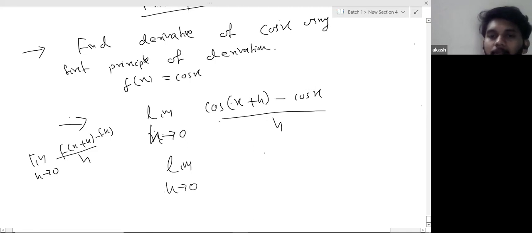This is cos c minus cos d. The formula for that is minus 2 sine of (c plus d) by 2 into sine of (c minus d) by 2. So x plus h plus x by 2, and x plus h minus x by 2.